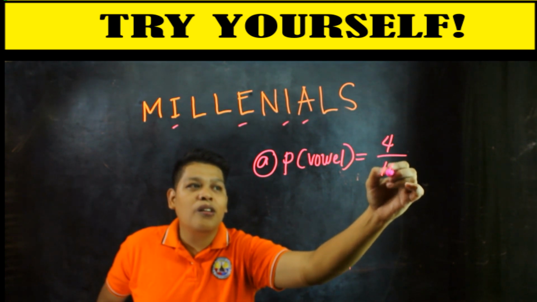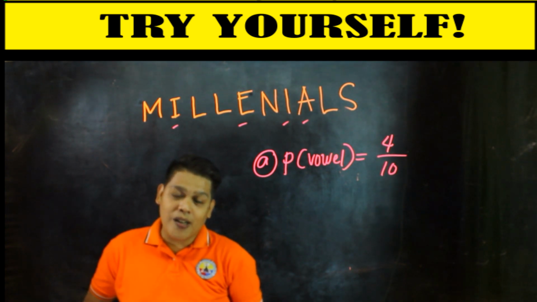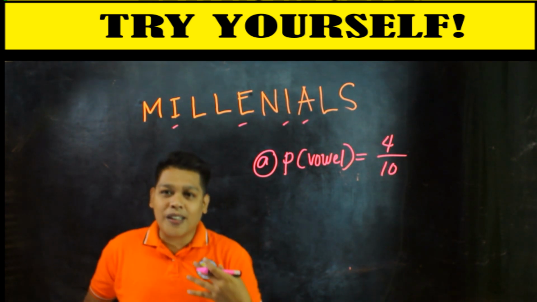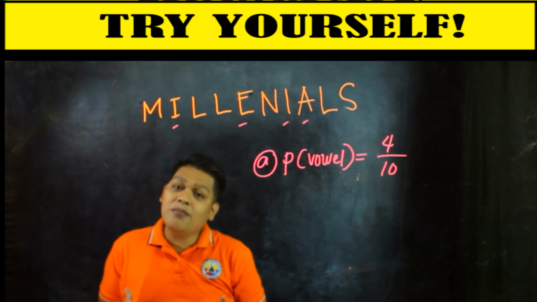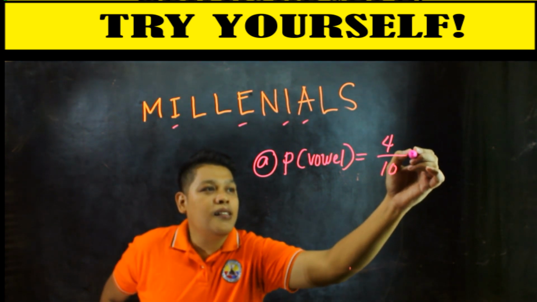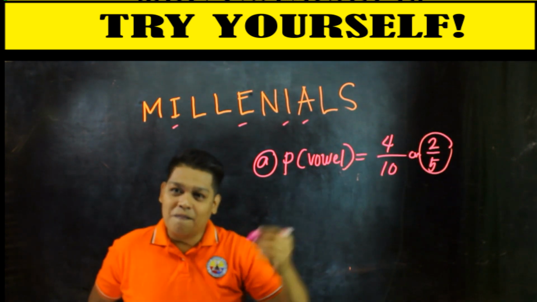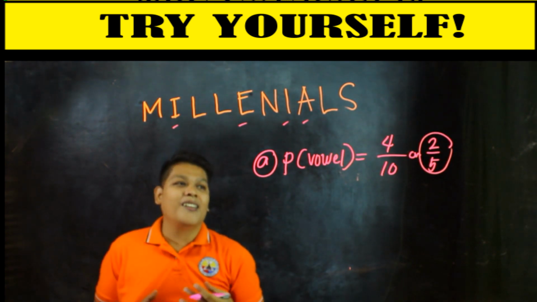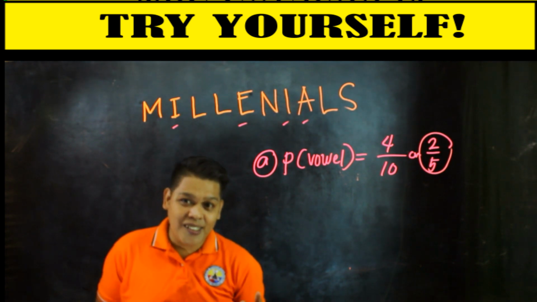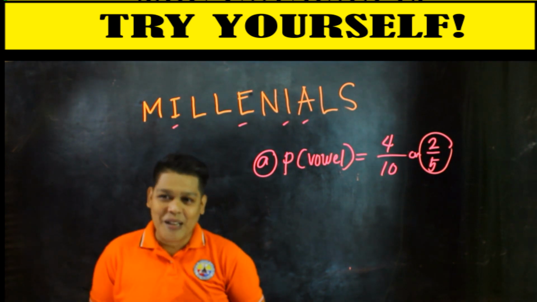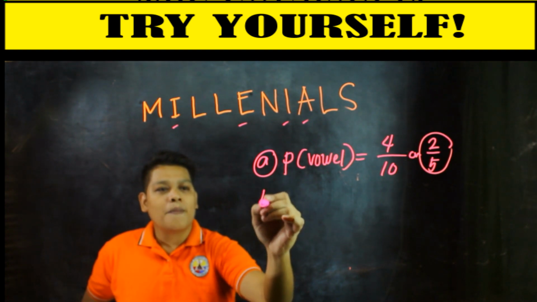So 4 over 10, or in the lowest term, your answer is 2 over 5. Do you have the same answer? Okay, very good.